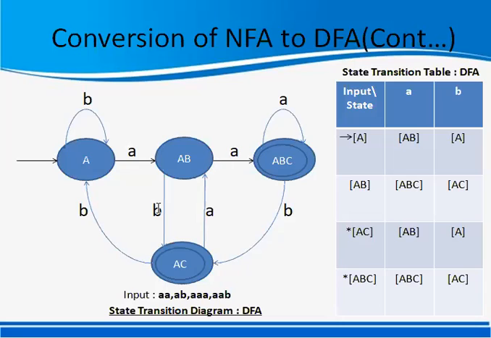In both conditions, we are going to accept this string because we have encountered small a as the second last symbol. So that's why ABC is a final state and AC is also a final state.